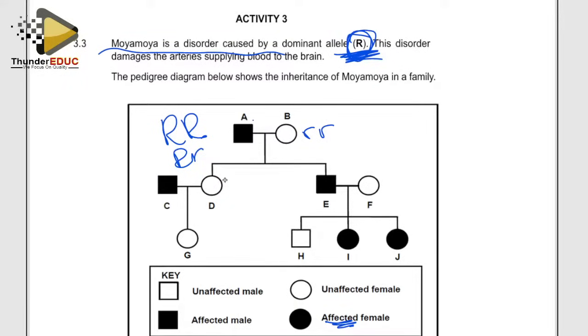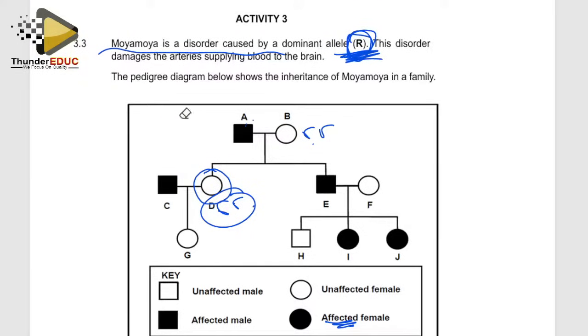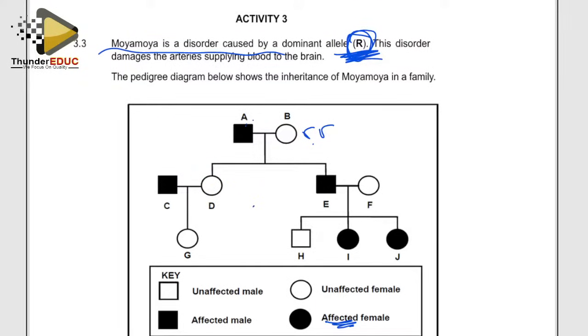They produced a person who is small r, not affected. Automatically, one r came from him, one r came from her, so that they're able to produce this kid. Therefore, this individual is capital R, small r, so that they're able to produce small r, small r. It is caused by a dominant allele.